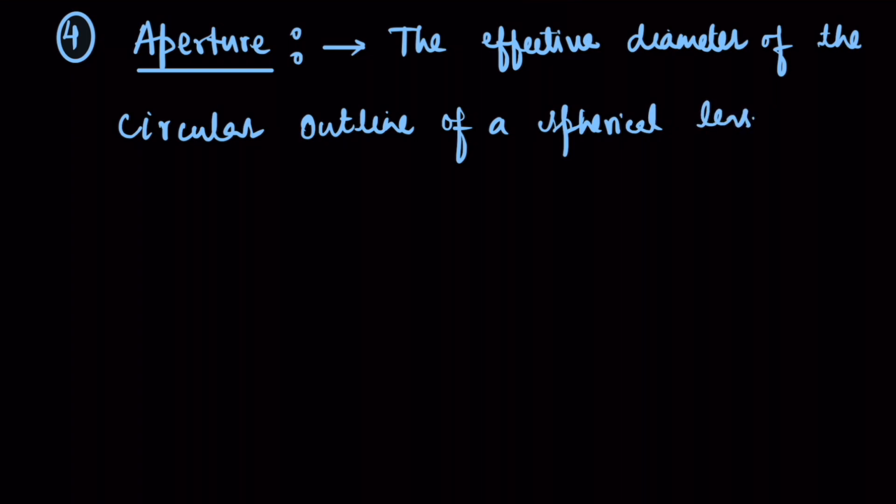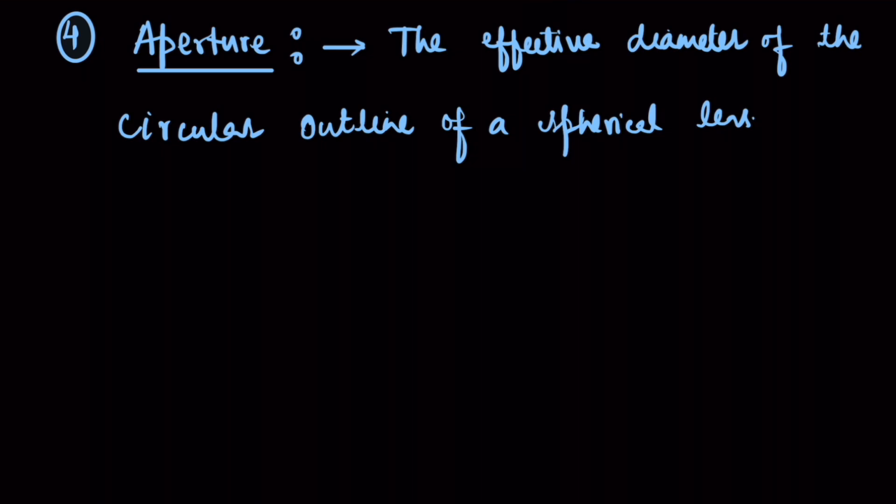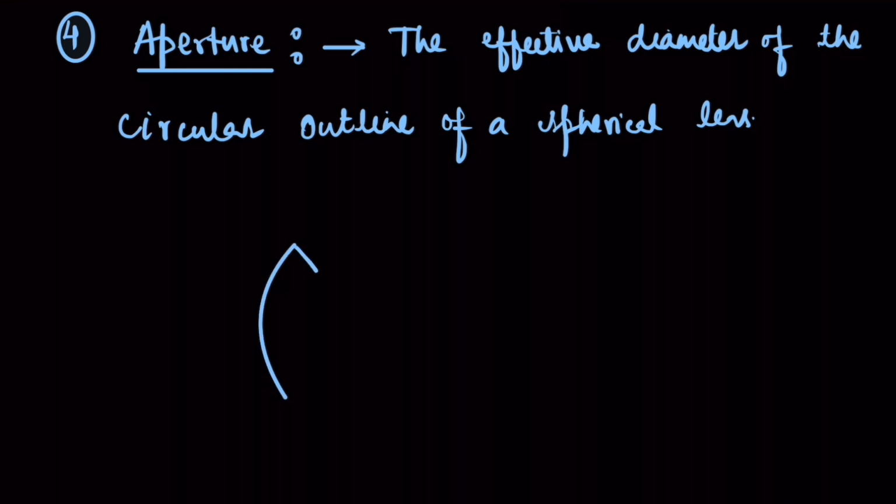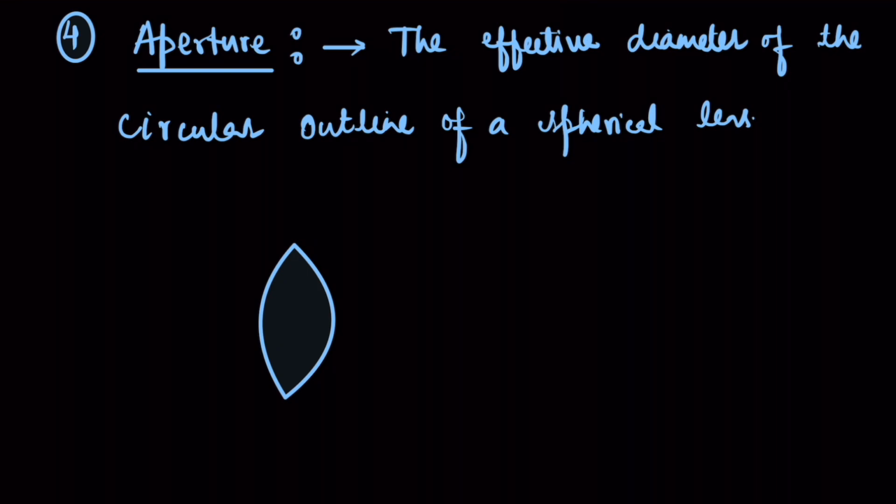Means if we see a convex lens, it has certain diameter. This diameter is called as aperture.